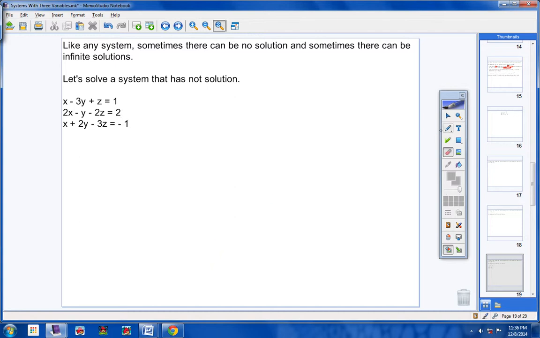Okay, here we go, students. Alright, now, which variable looks like it'd be the easiest to get rid of? Probably the x's, because I have a 1x, a 2x, a 1x, all of that. So, I'm going to slide these over to get a little bit of room to work with.